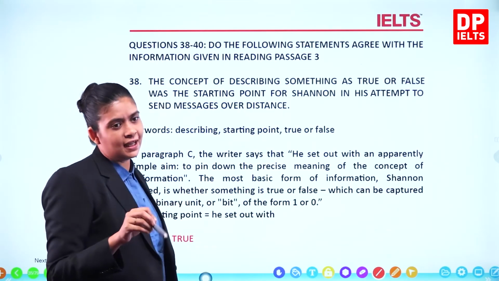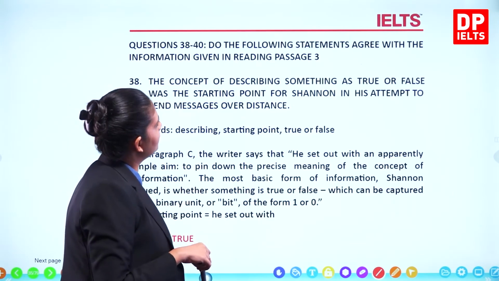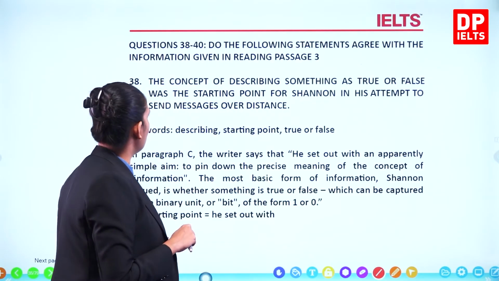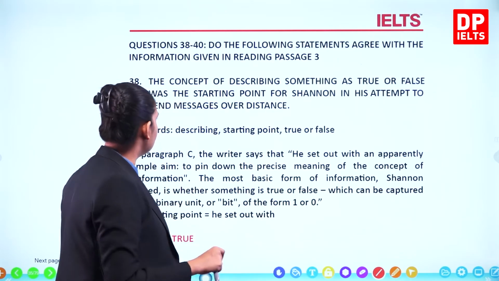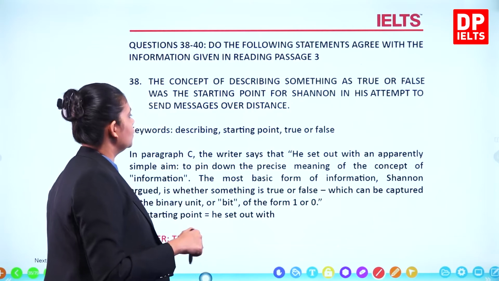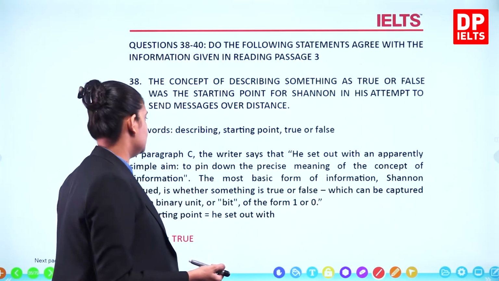Questions number 38 to 40. Do the following statements agree with the information given in reading passage 3? The concept of describing something as true or false was the starting point for Shannon in his attempt to send messages over distance, right? So your keywords are describing, starting point, true or false.